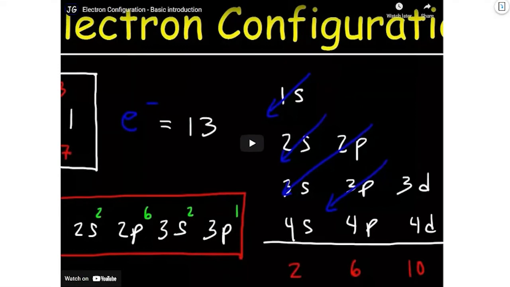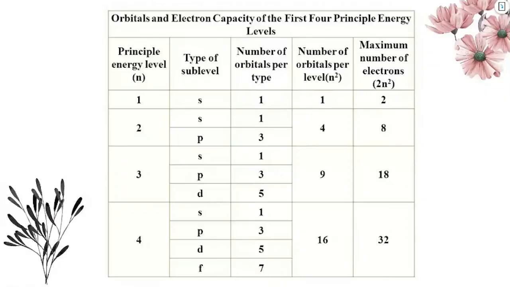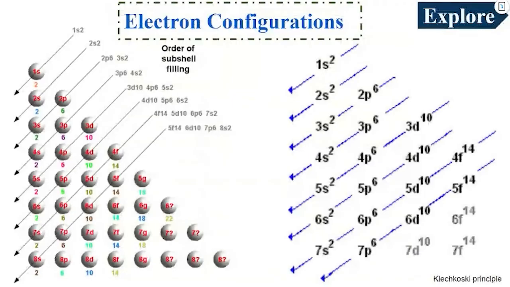The main shells are K, L, M, N, and each shell has a maximum number of electrons with the formula 2n squared. For the subshells we have S, P, D, F. S has a maximum of 2 electrons, P has a maximum of 6, D has a maximum of 10, and F has a maximum of 14.